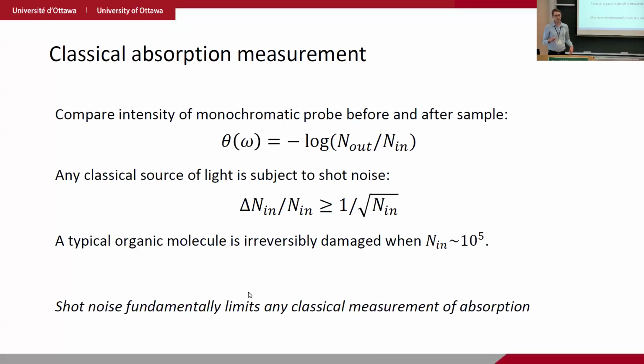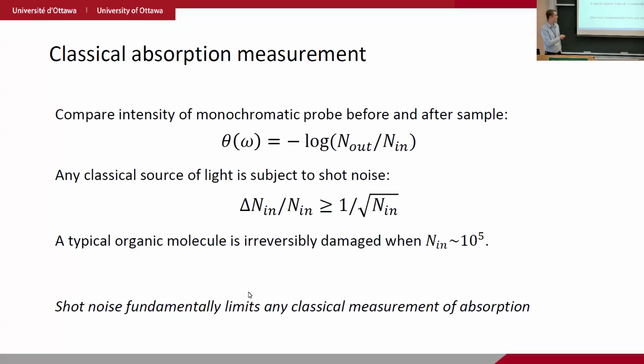In that case, no matter how well you characterize your light source, if you're using classical light, and I'm using the word classical here in the same sense as Anel yesterday with respect to the P distribution, any classical source of light is going to be limited by shot noise. That's just because classical sources of light do not produce a photon number eigenstate.